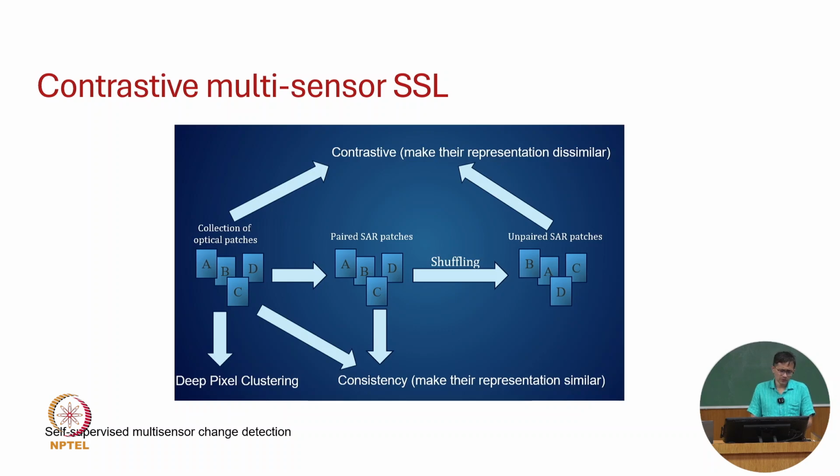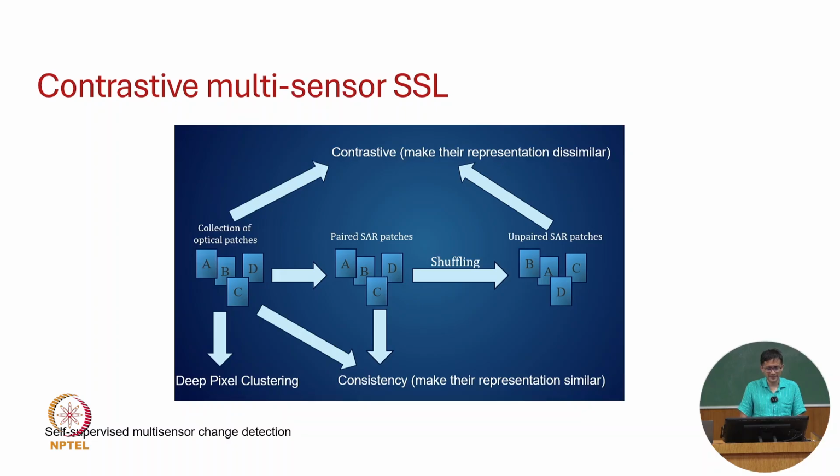So when doing so, what has been done is given a collection of the optical patches and its paired SAR patches. From these paired SAR patches, it's very easy to get also the unpaired SAR patches. How? We just need to shuffle these particular patches.